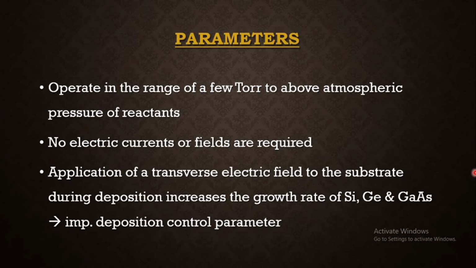Thus, this application of a transverse electric field can act as an important deposition control parameter. So this is one not so necessary condition, but it plays an important role in order to get good quality thin films. So these are some of the parameters.